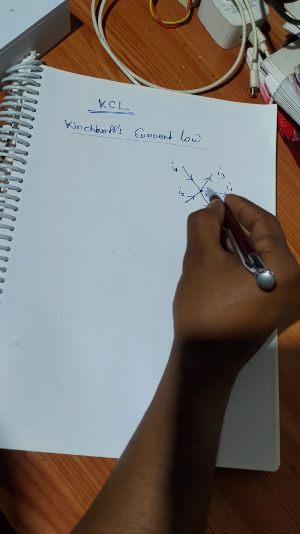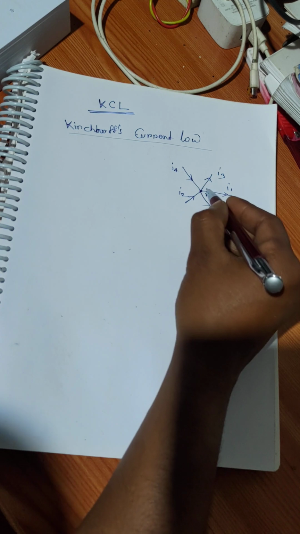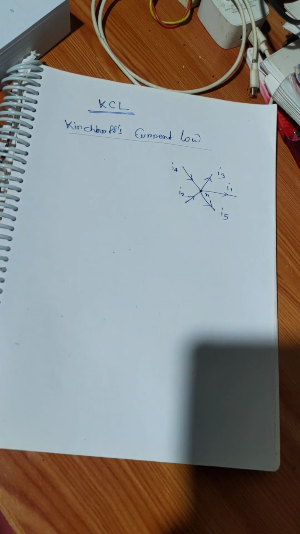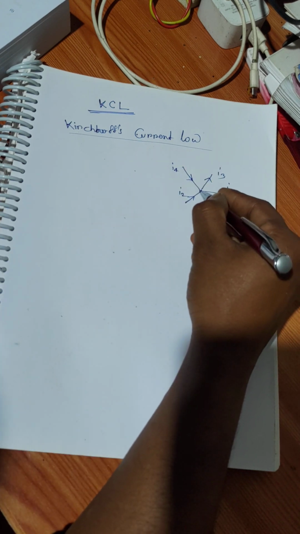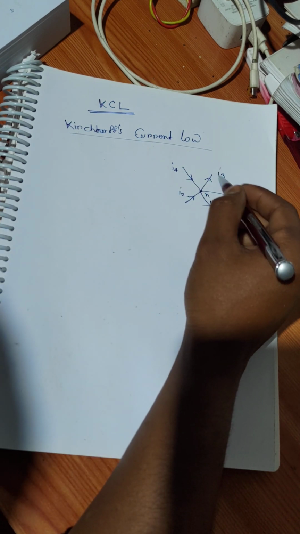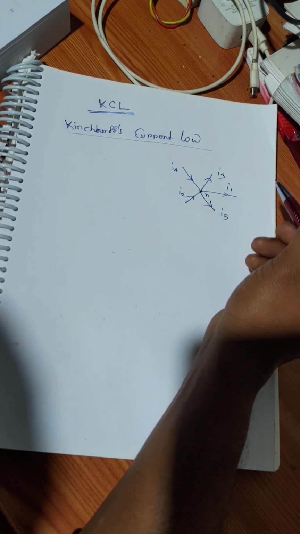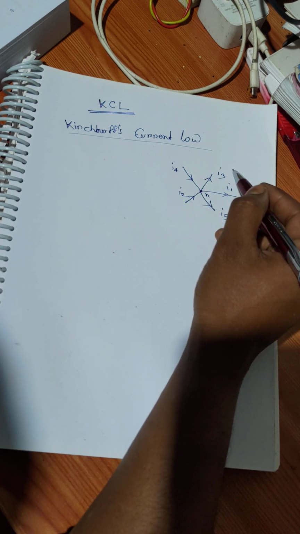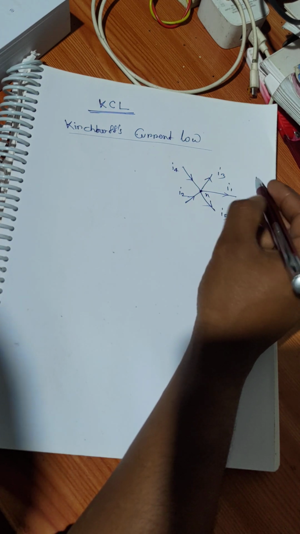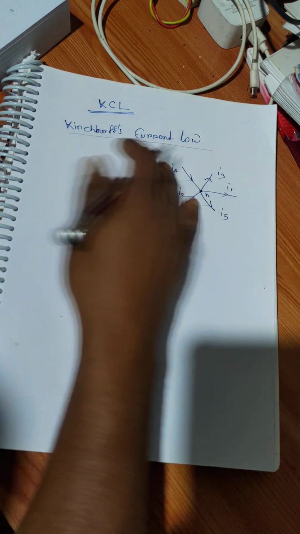That means suppose from one node some currents are going out, and if we add the currents coming into that node, the sum of those currents will be 0. I think it's clear.